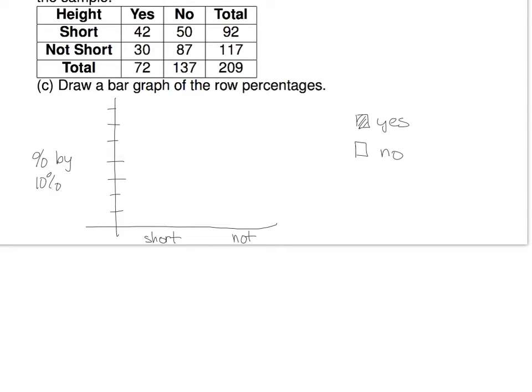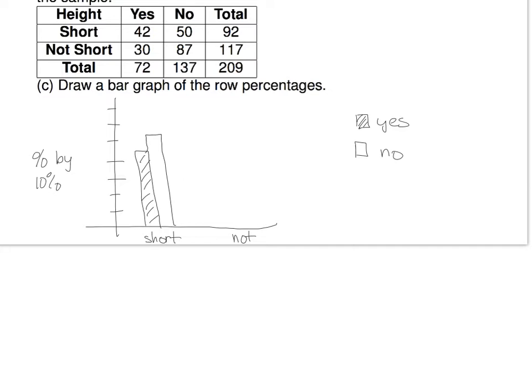So almost a 50. About halfway. And I'll fill that one in and say, yes, they were bullied. What percent of short kids were not bullied? 54. So just a hair over 50, approximately halfway. So there's how my two categories stack up in the short group.